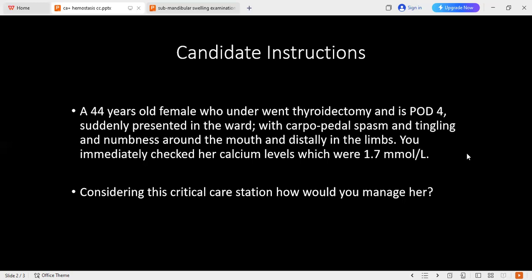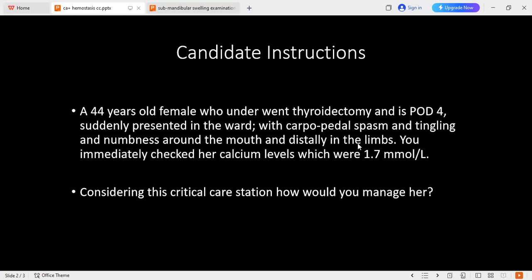Why does a patient with hypocalcemia present with shortness of breath? The answer is in front of you.